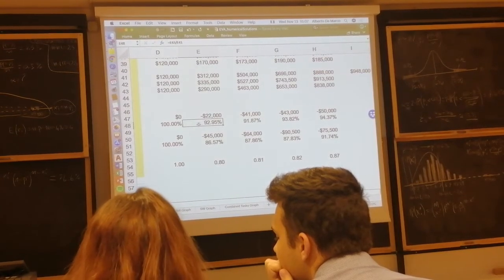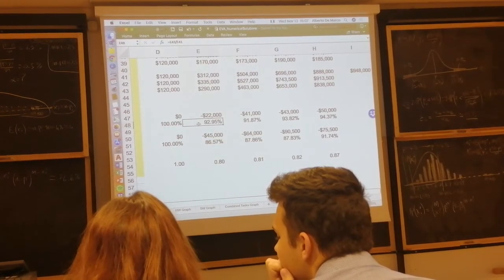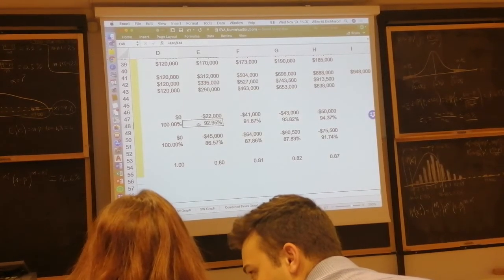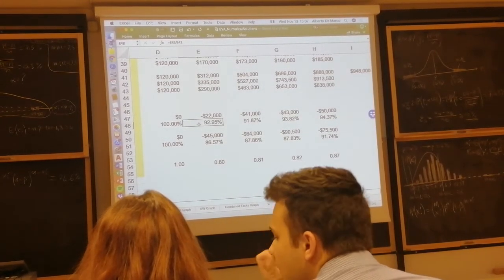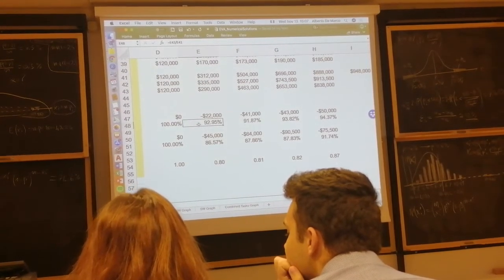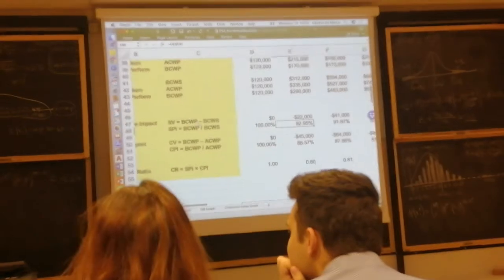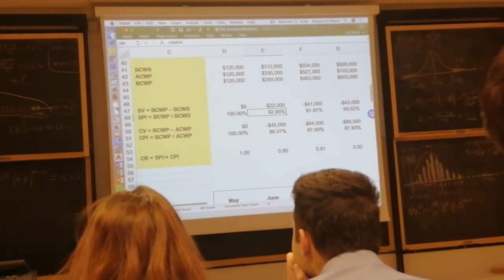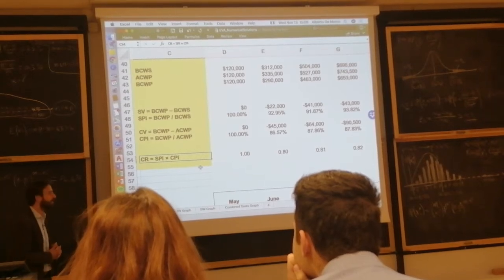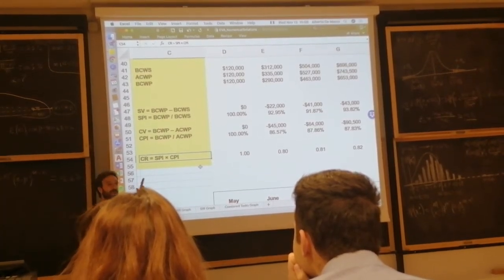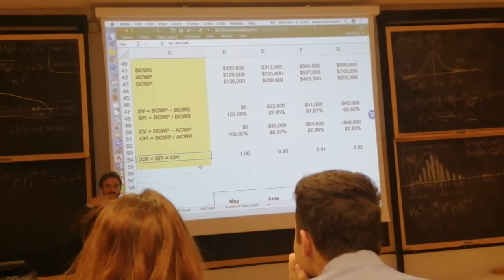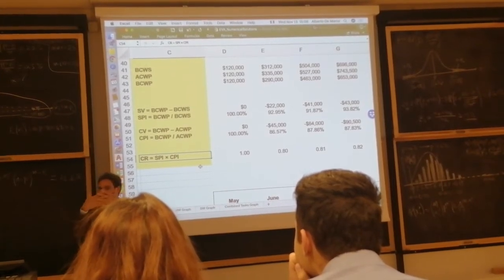And you know what helps us to understand whether an activity is going very bad? It is what is called the control ratio. The control ratio, CR, is the multiplication of the schedule index times the cost index, so it provides a second order effect.